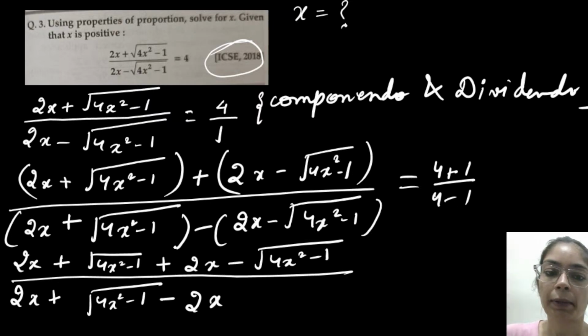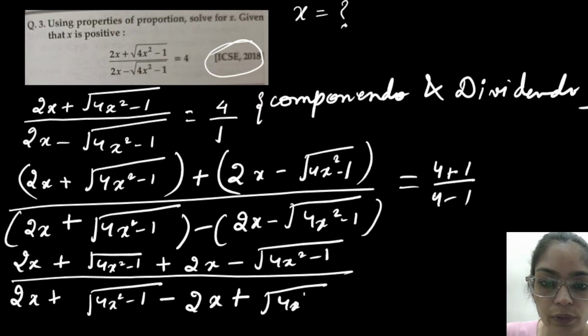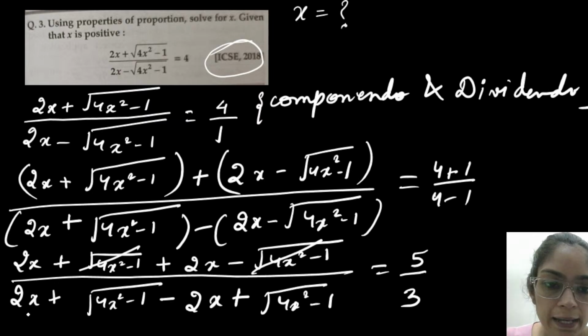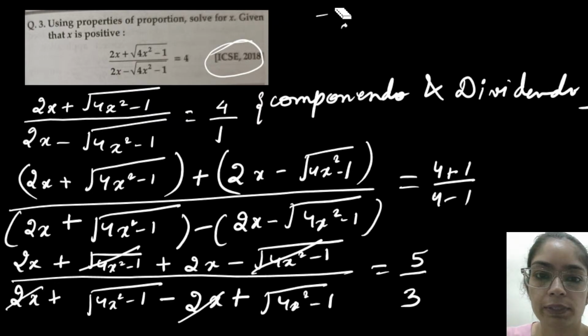Whenever minus is outside, you have to change the inner sign. So minus 2x plus root 4x square minus 1. This side is 5 by 3: 4 plus 1 is 5, 4 minus 1 is 3. So in the numerator, 1 positive and 1 negative root term will get cancelled, and in the denominator 2x and 2x will get cancelled.